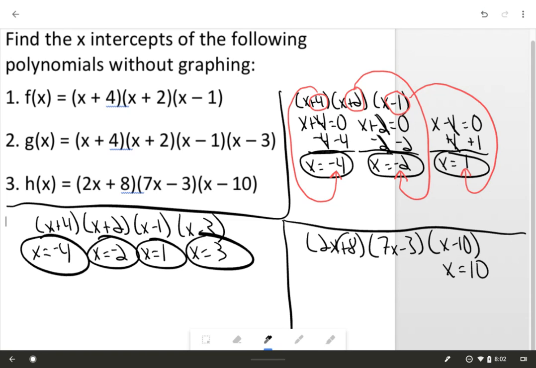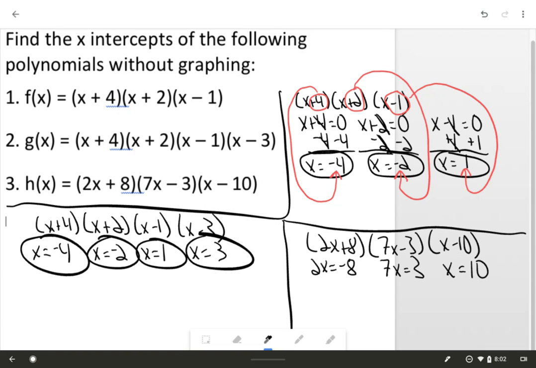So, for example, I can switch plus 8 to minus 8 and say, instead of saying x equals negative 8, I'm going to say 2x equals negative 8. And for the second factor, I can switch the minus 3 to 3, but instead of saying x equals 3, I'm going to say 7x equals 3.